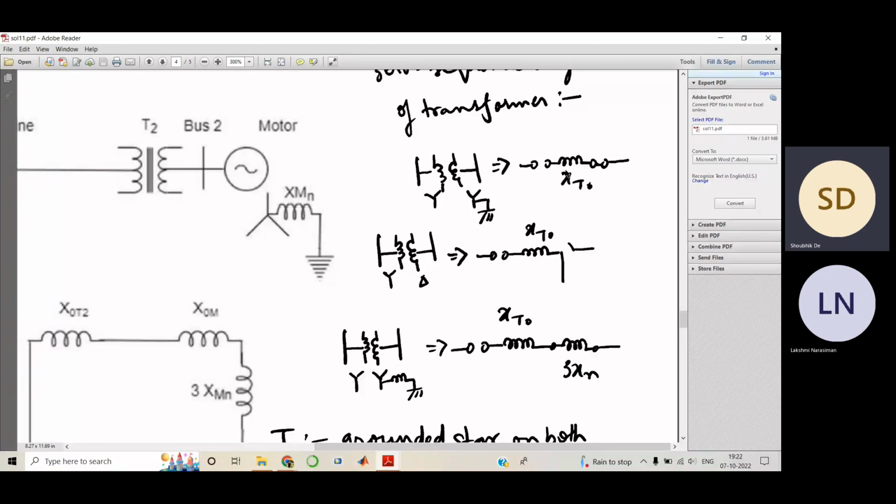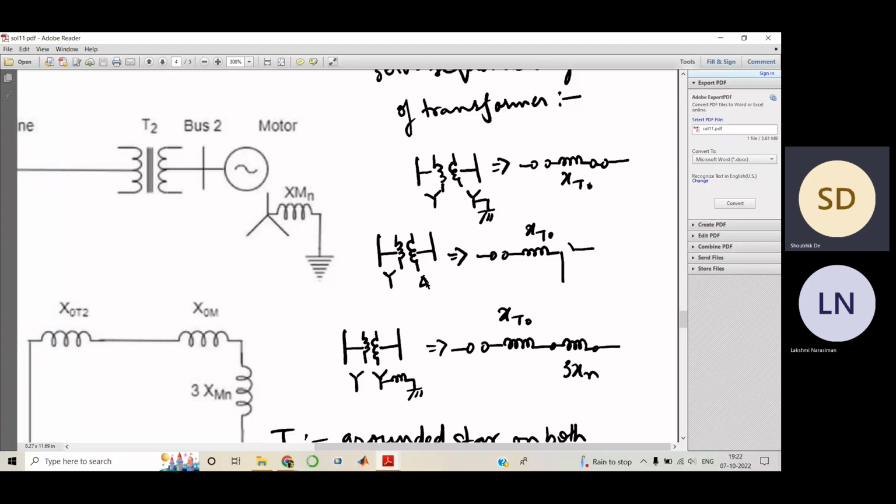Normally, in a power system network, you don't see this kind of thing. You mainly see either solid grounded or this kind of system and another delta. Since you have this ground impedance, it increases the net impedance of the system and reduces your fault current level.